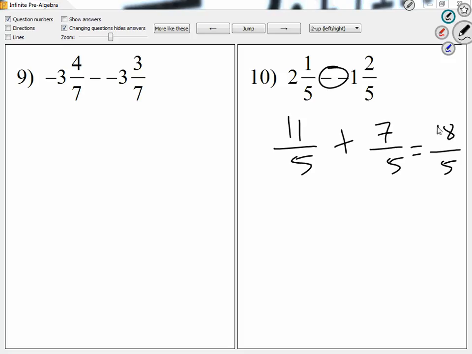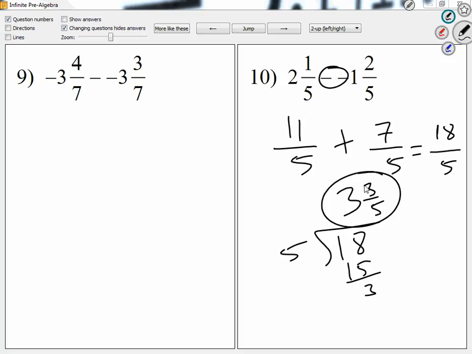So let me write 18 divided by 5 up here. How many times does 5 go into 18? 3 times. I know 3 times 5 is 15, so my remainder is 3. So my fraction will be 3 over 5. The 3, the fraction, comes from the remainder. 3 over 5. If there's a remainder, there is a fraction.